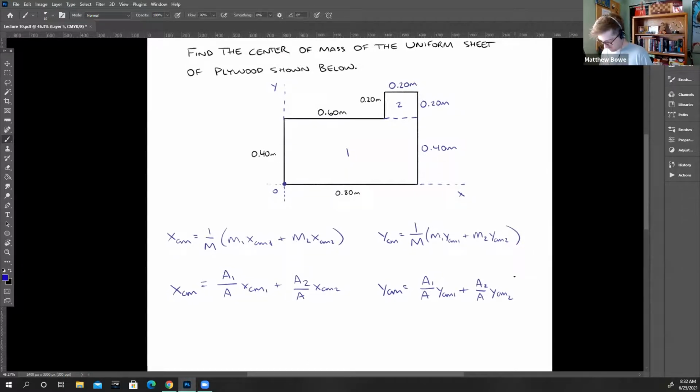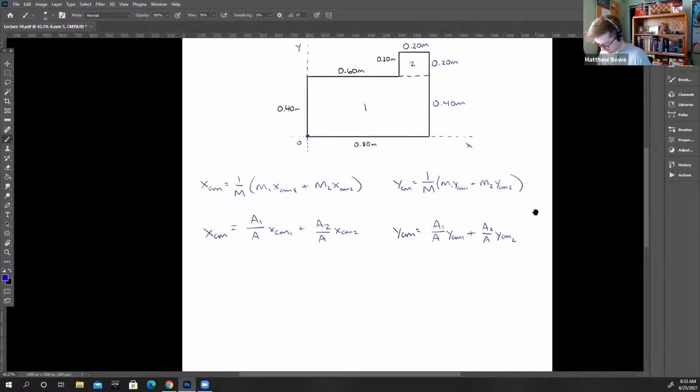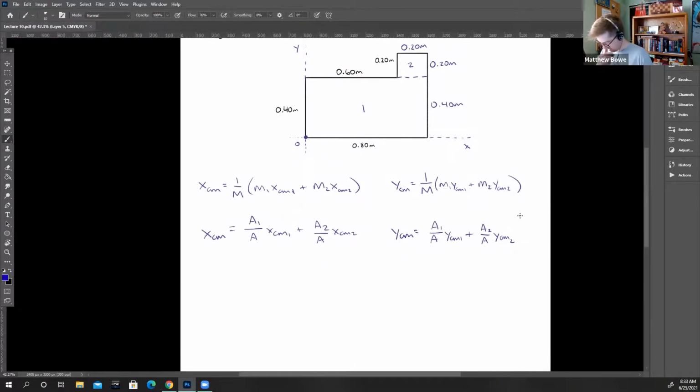So we have some areas to calculate, and we have some small centers of mass that we could maybe find with just the geometry. Let's do that. Let me keep the picture in the frame.